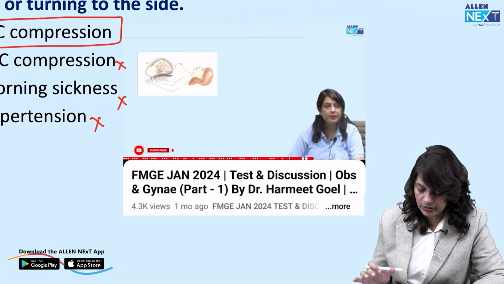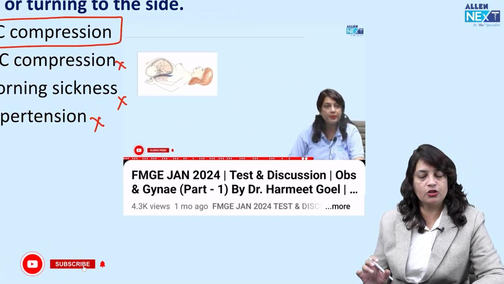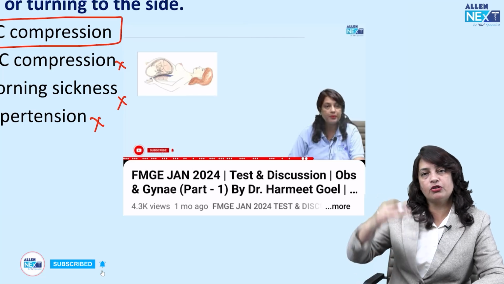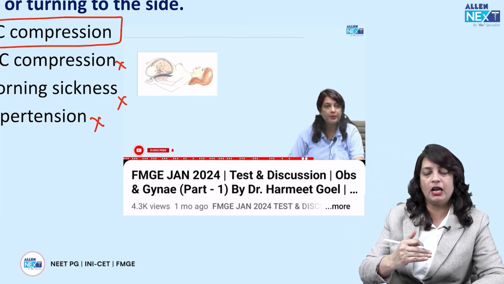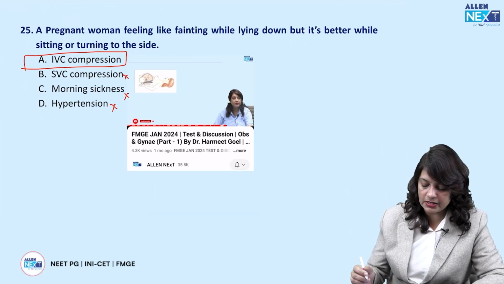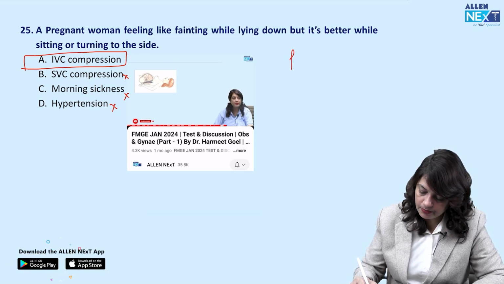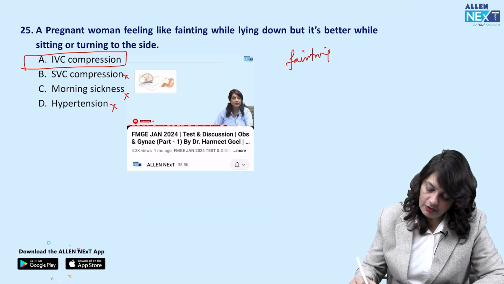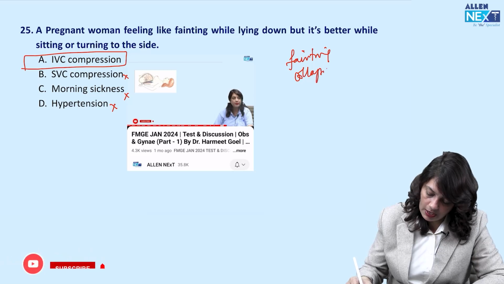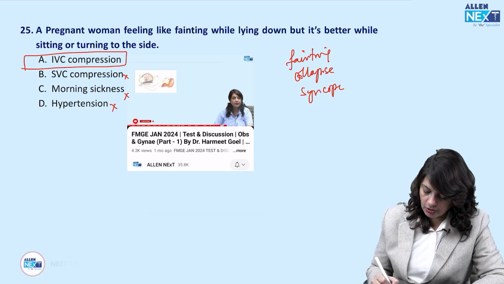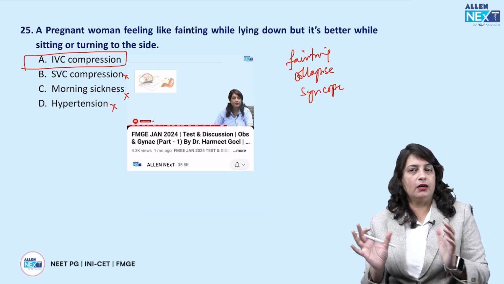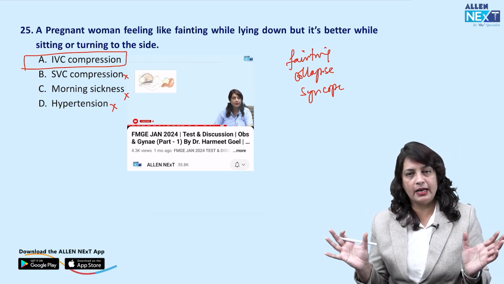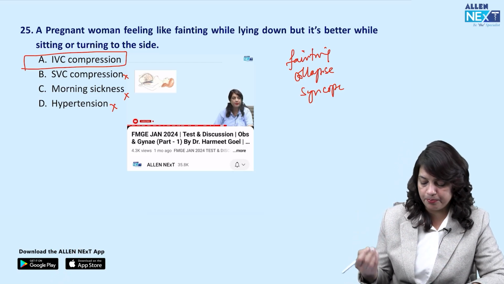As in this diagram, you can see, if she is lying in the supine position, there is the inferior vena cava. So the gravid uterus can compress upon the inferior vena cava, and the patient can have a feeling of fainting, feeling of collapse, feeling of syncope, because in the majority of cases, the venous collaterals open up and nothing happens to the patient.